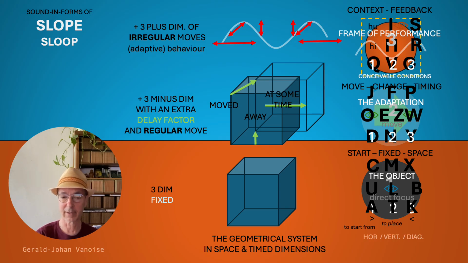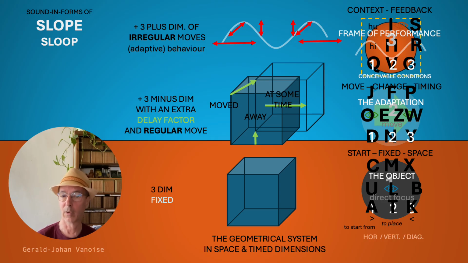So the first 9 letters are about fixed points in 3 dimensions. The next 3 letters are about the simple moves away from your normal view, which are then the higher dimensions, that make you go away from where you started and you come somewhere else in a timing process.